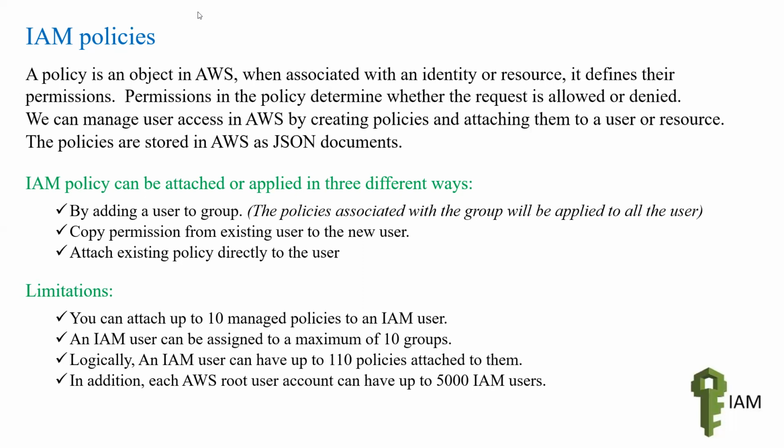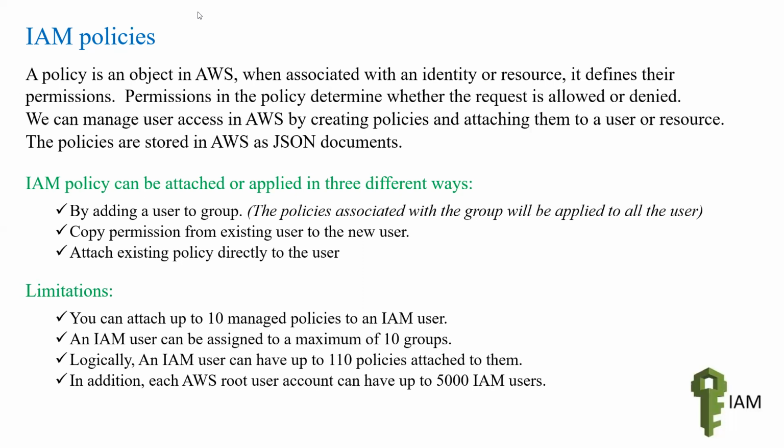So what are the limitations? You can attach up to 10 managed policies to an IAM user. That means when you are creating a user, you can attach 10 managed policies. Policy number 1 could be administrative rights for managing all kinds of databases.